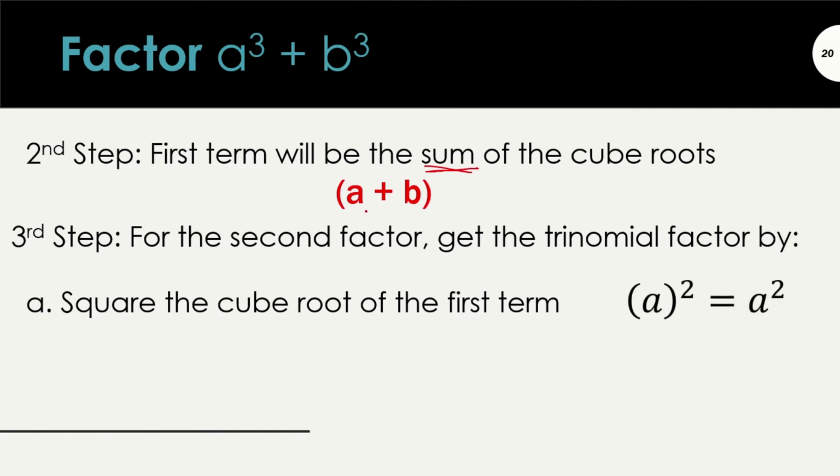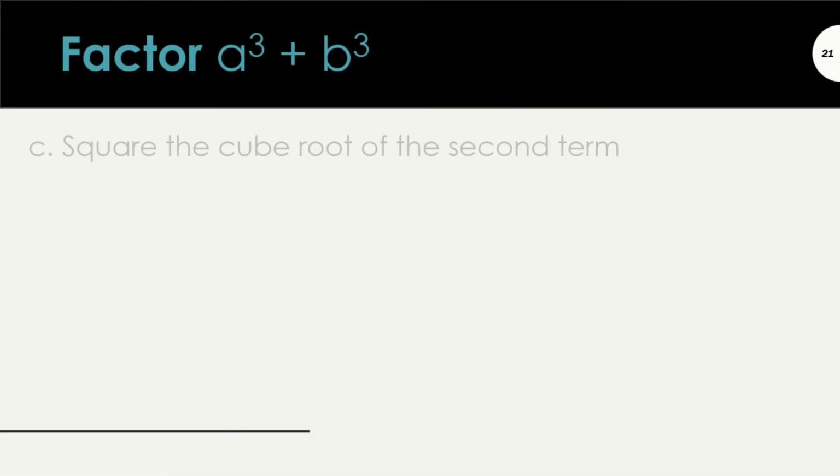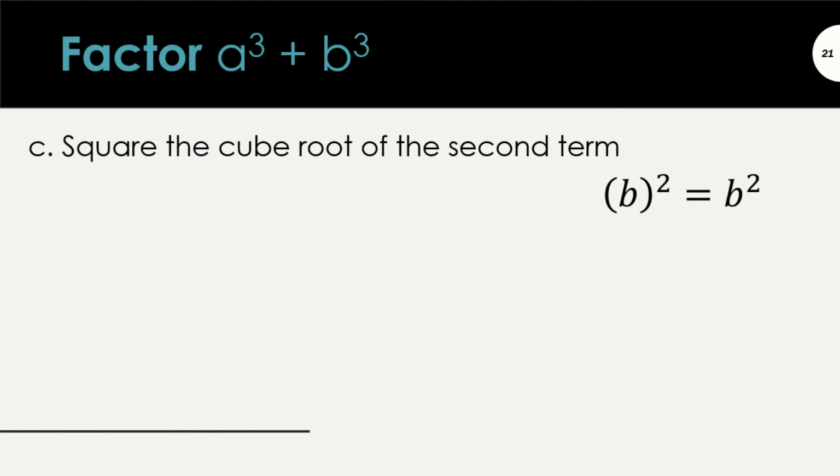So, yung a natin, in-square, so a squared. Then, for letter b natin, we will subtract the product of cube roots ng first and second term. So, to get their product, we will multiply. So, a times b, we have ab. So, ito yung second term dun sa trinomial natin. So, next natin, letter C, we will square the cube root of the second term. So, b in-square natin. So, we have here b squared.